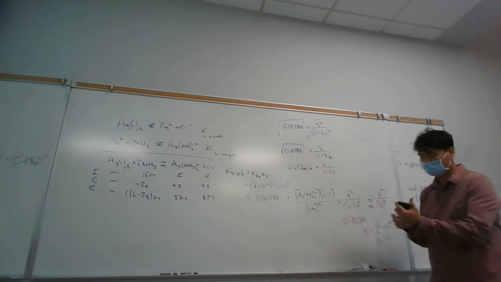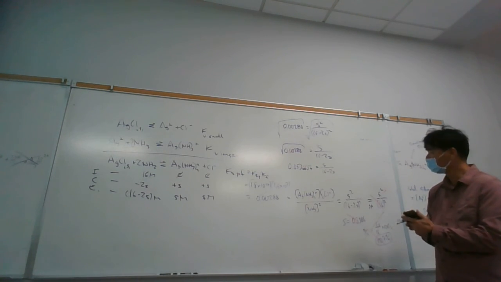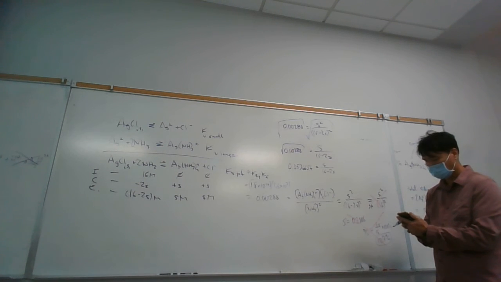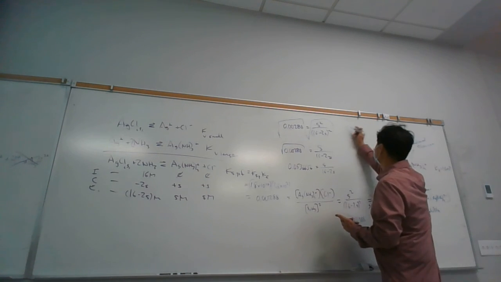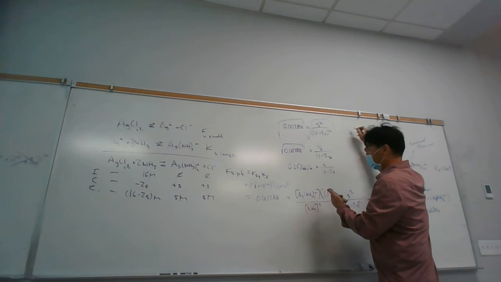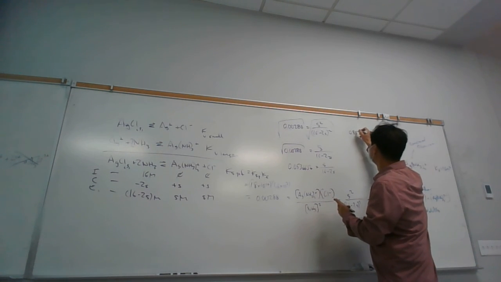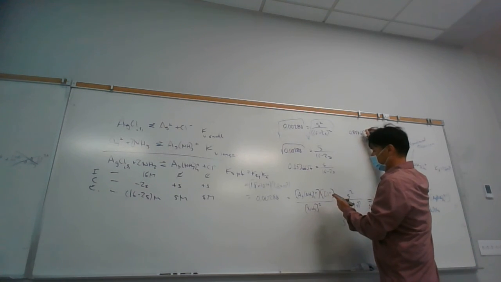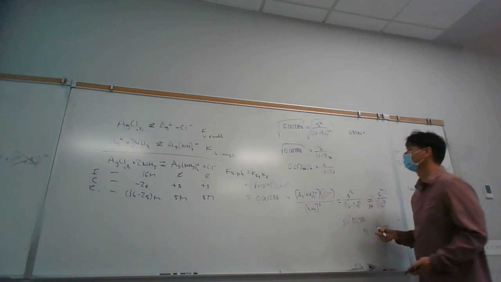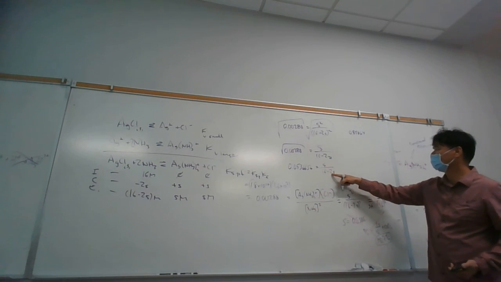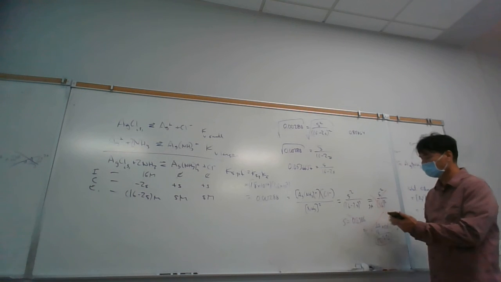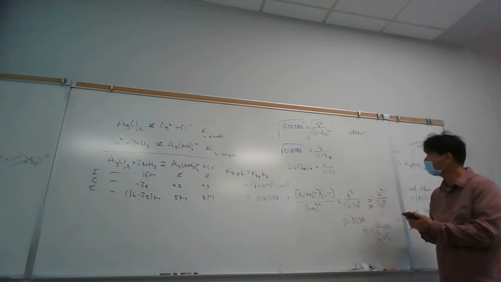So we'll do 16 times that. So 0.05366 times 16. So we got 0.8586. That's equal to s over 16 minus 2s. So we'll take 16 minus 2 times that.